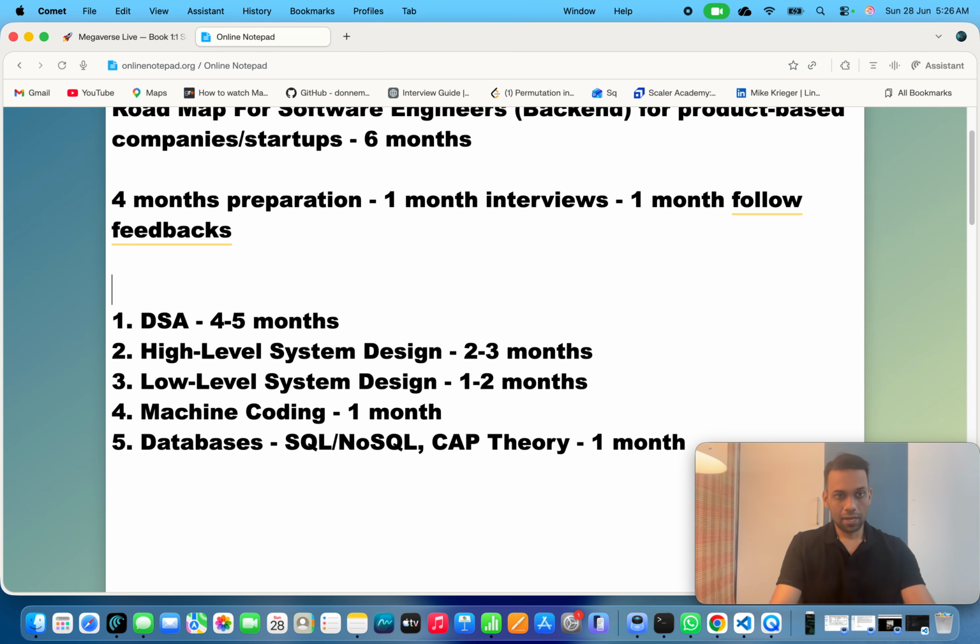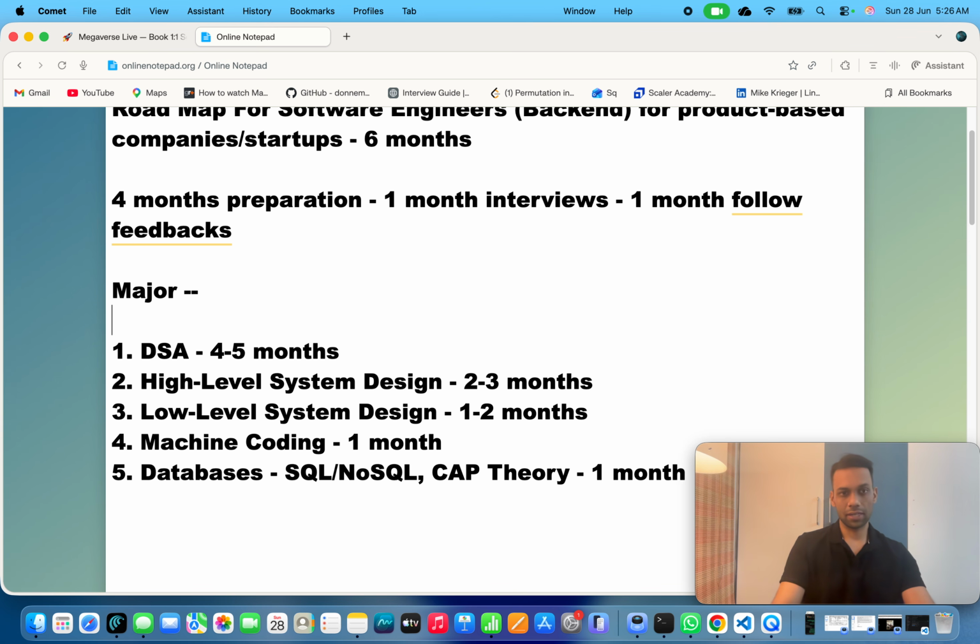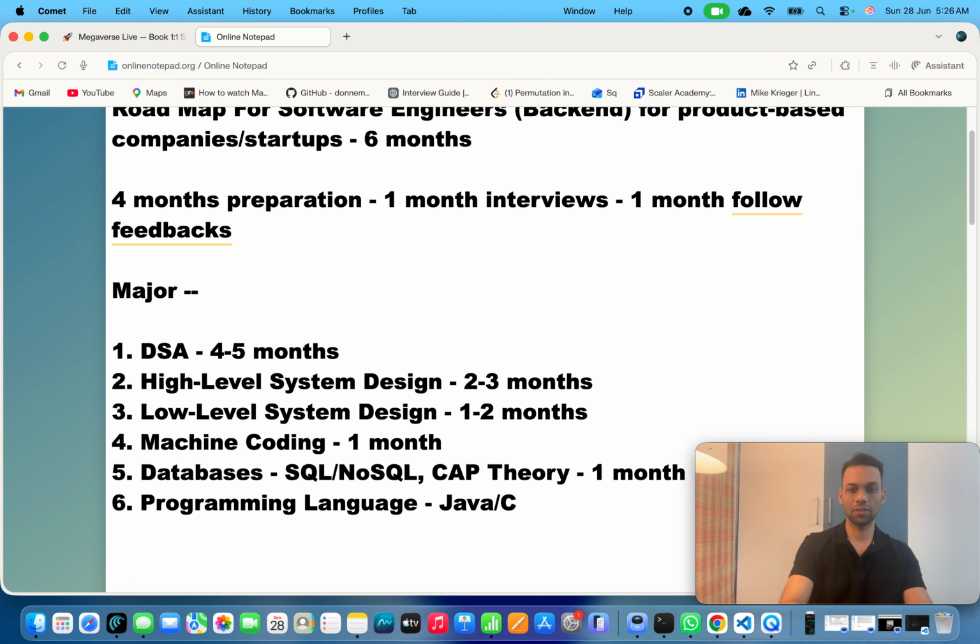I would also divide all these topics into major and minor. These are the major topics that I'm writing here. Sixth is your language, or we can call it a programming language. Any language you have a command of, it could be Java, C++, or Python, whatever language you are comfortable with.